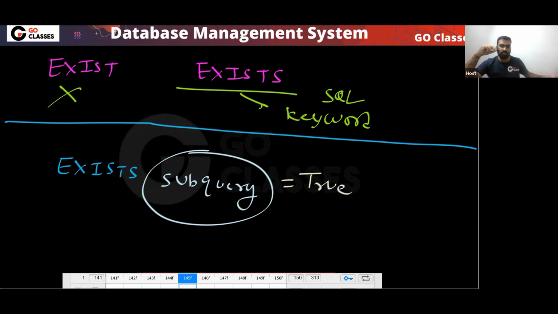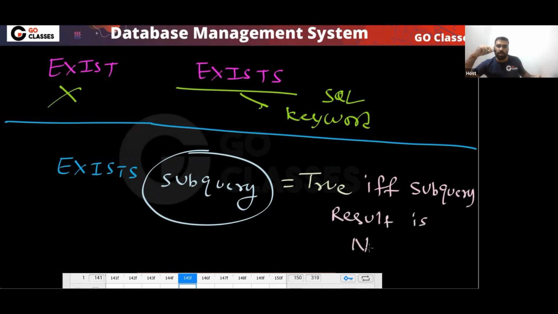This will be true if and only if there exists a tuple here, if and only if the subquery result is non-empty. Is this clear? Result is non-empty means there exists a tuple. It talks about the existence of a tuple.